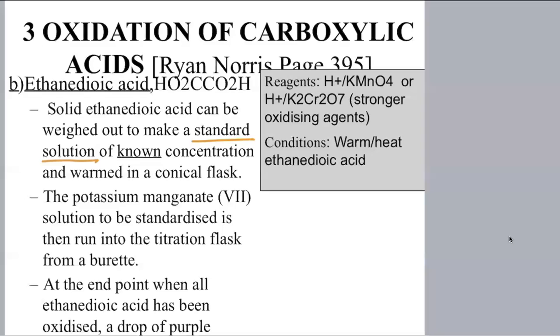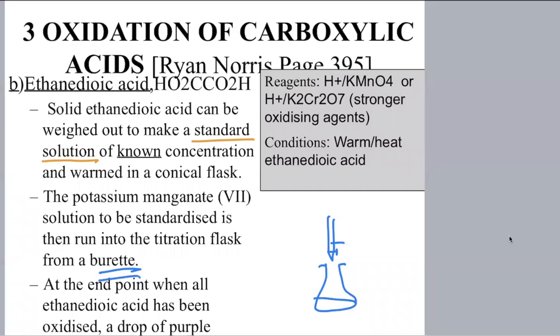So if I draw this out, the reason why I draw this out is so you know the color change. When identifying the color change, you need to know who is in which instrument: who is in the flask, who is in the burette. From this statement, it says potassium manganate is then run into the flask from a burette.